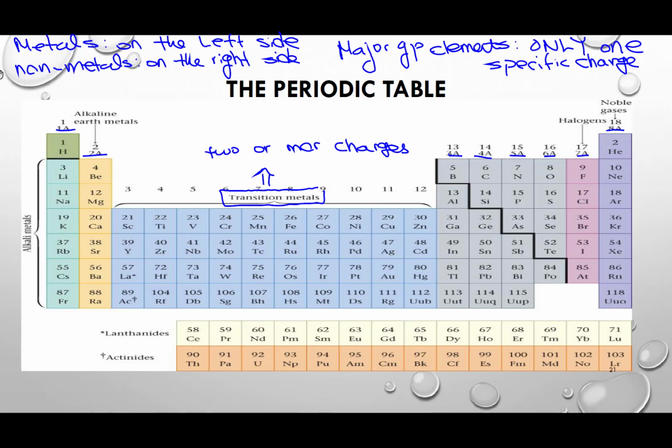That's the difference. There is an exception. The exception is silver and zinc. That's the exception to the rule. Silver and zinc have only one charge.